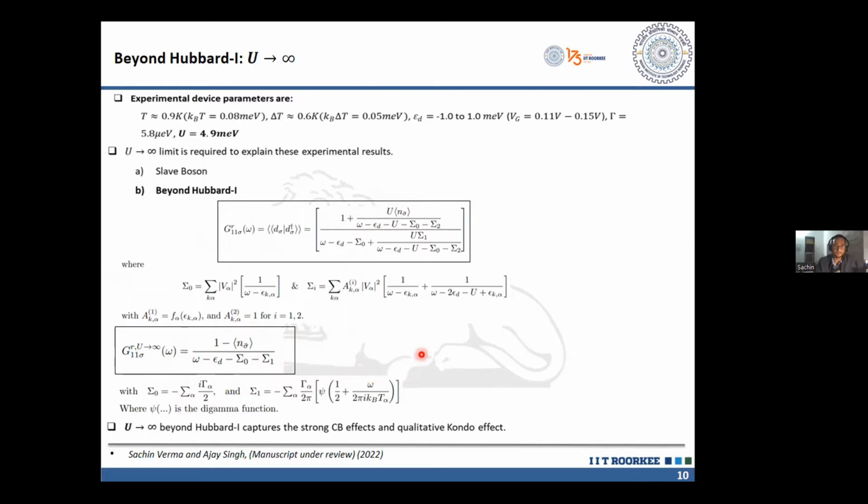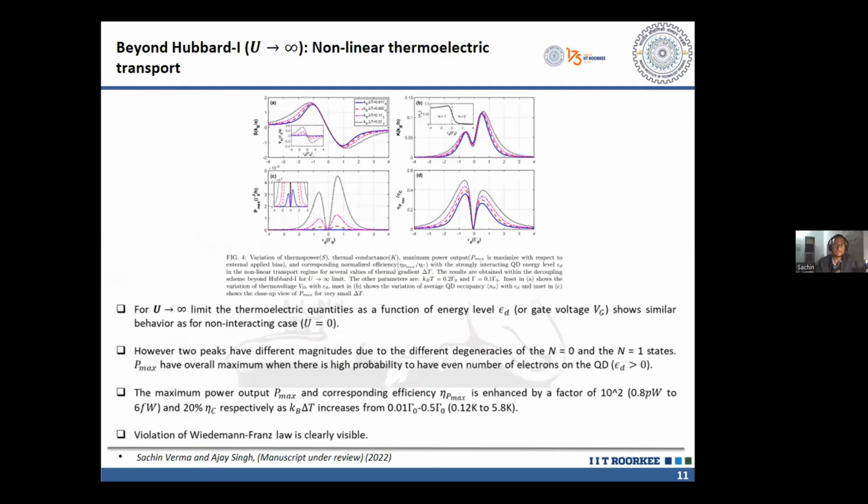So now let us plot these U equal to infinite results, and what we find is that beyond Hubbard-one, or in the U infinite limit, the thermal quantities show a similar behavior as for the non-interacting case. However, there is a difference between the non-interacting and interacting case, and that is that the two peaks have different magnitudes, which one can see, and it is due to different degeneracy of electrons.